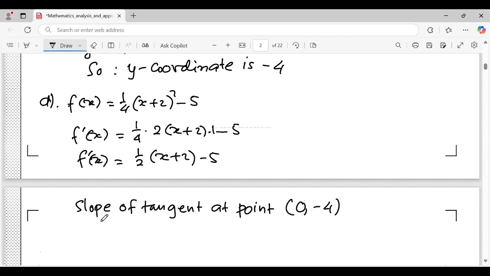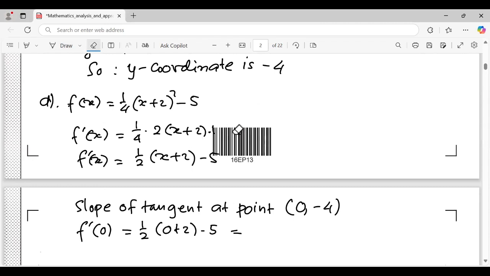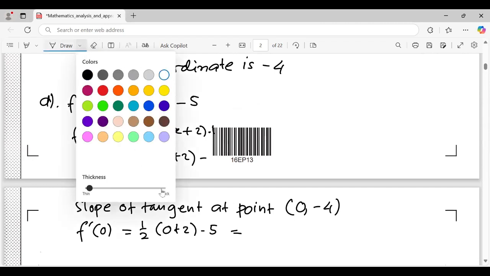So if x equals 0, we can determine 1/2 (0 plus 2) minus 5. Okay, and the result is 1 minus 5. Actually, sorry, I have to clean this area first.